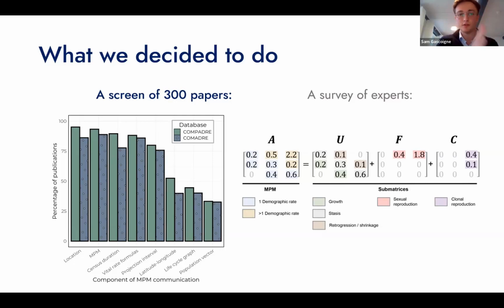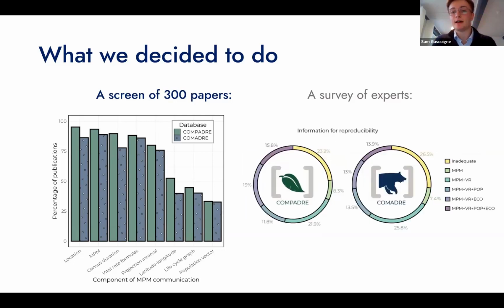So using these screen data, we started categorizing papers into how well they communicate the components that matter most. We did this all the way from inadequate papers, so papers that didn't communicate the MPM used, in yellow, all the way to the gold standard in purple.